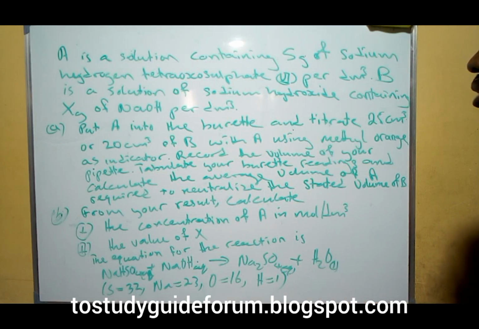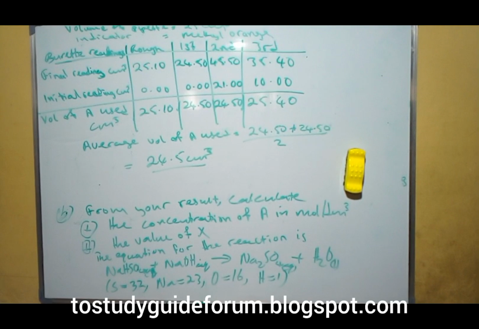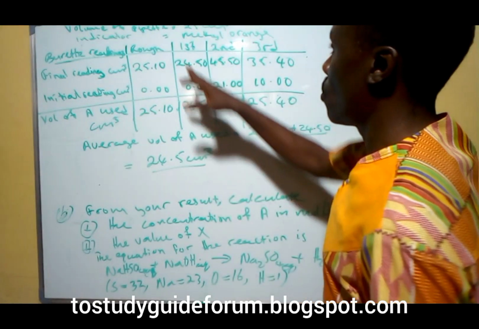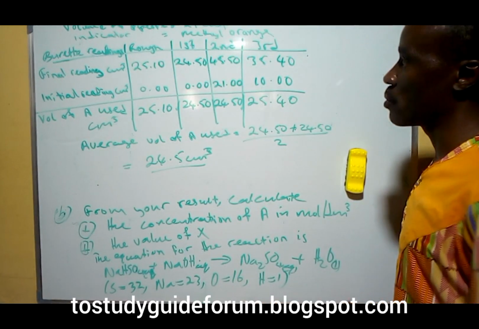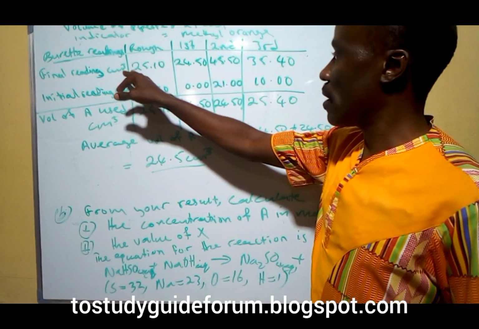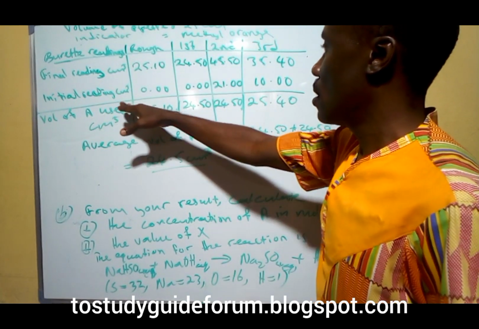So after the titration, we start from the table. The volume of pipette is 25 cm cube. The indicator used is methyl orange, and then we find the final reading and initial reading.